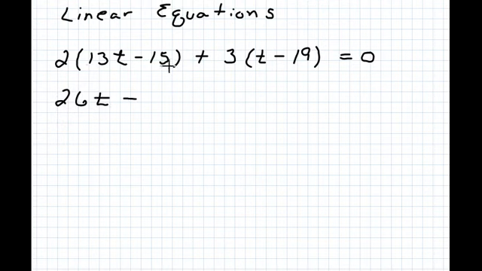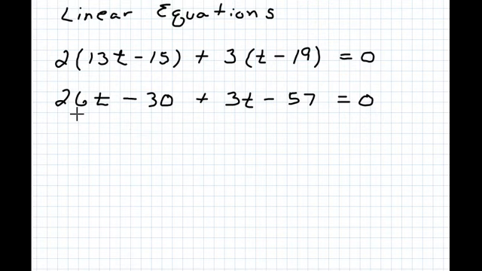Minus, and 2 times 15 is 30. Plus 3 times t is 3t, minus, and 3 times 19 is going to be 57. So now what we want to do is collect all our like terms up.